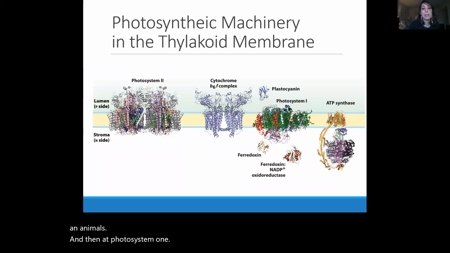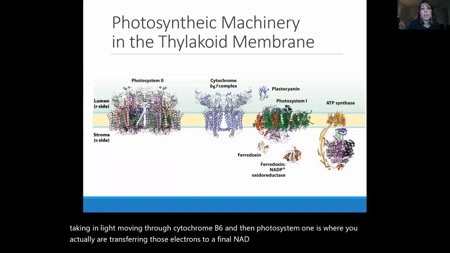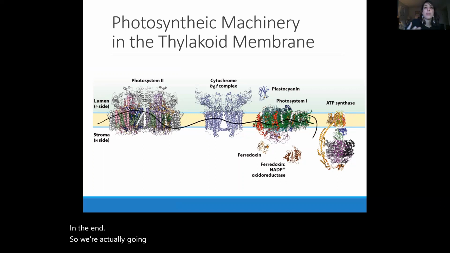You can see that we're actually starting from photosystem 2 in the area where we are taking in light, moving through cytochrome b6f, and then photosystem 1 is where you actually are transferring those electrons to a final NADP+ in the end. So we're actually going this direction, and eventually those protons that are pumped will go through the ATP synthase to generate our ATP.